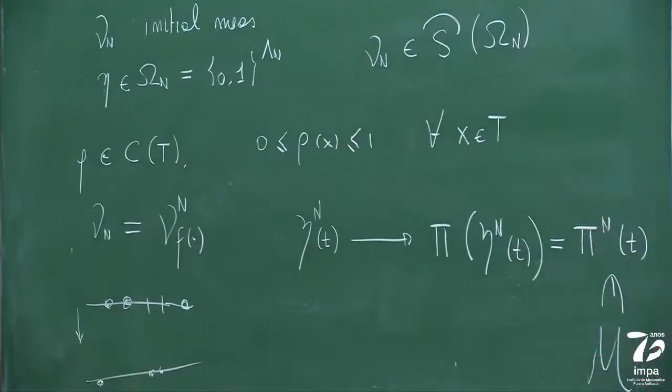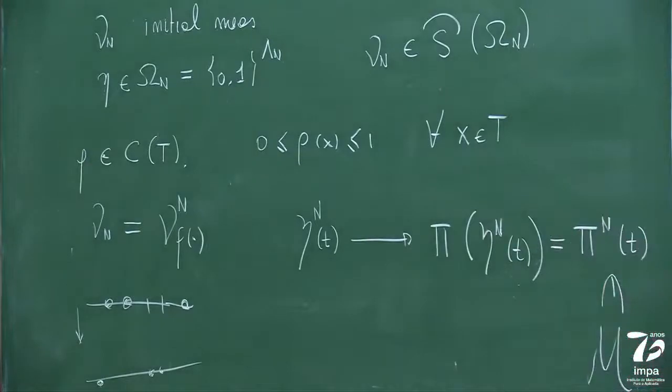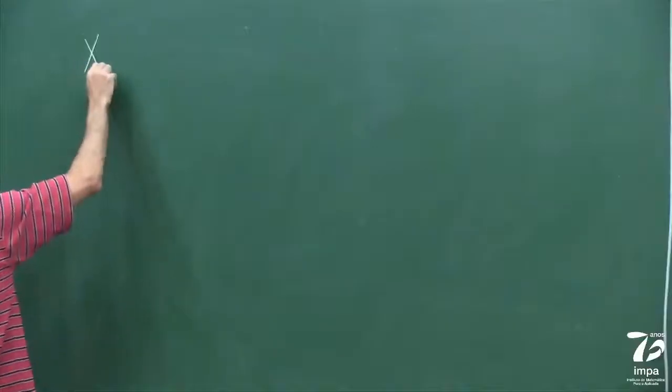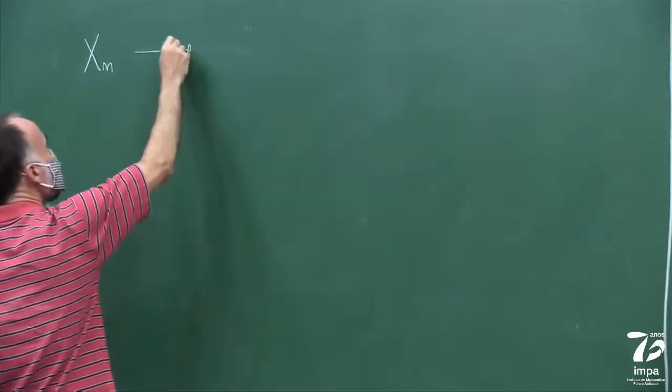And then I introduce this space D. Let me remind you of what I said. If I have a sequence of random variables xn, you have seen many different definitions of convergence. One definition of convergence was the weak convergence.